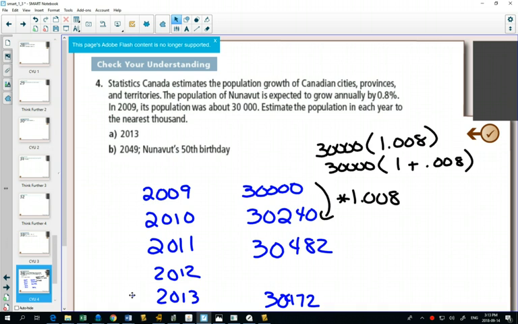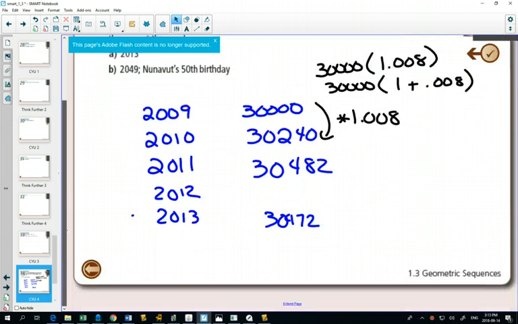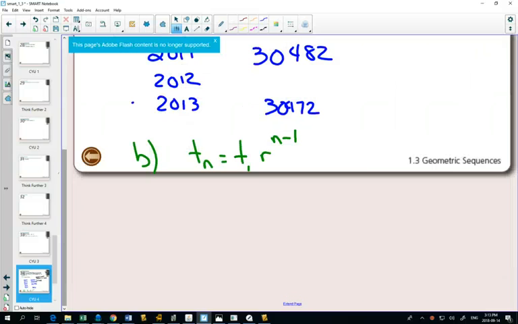But if we're multiplying by something every time, that makes it a geometric sequence. So instead of trying to find 2049 by keep multiplying and counting it, we could use a formula. If this is a geometric sequence, we know that the formula for geometric sequences looks like this.